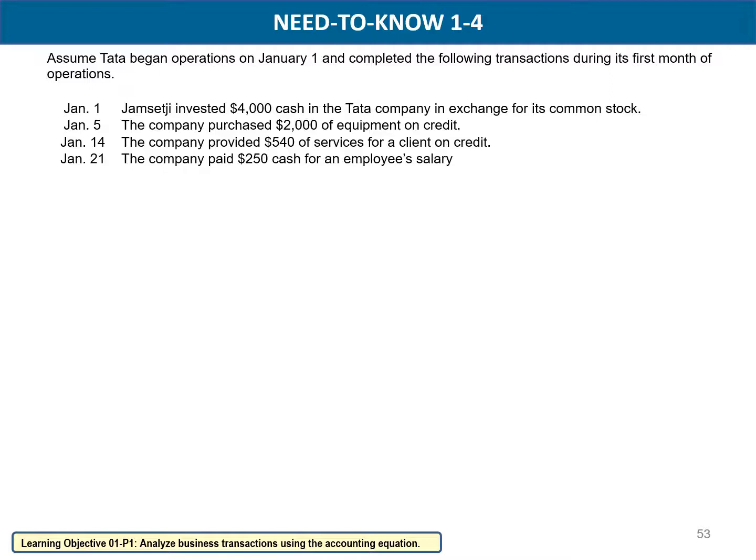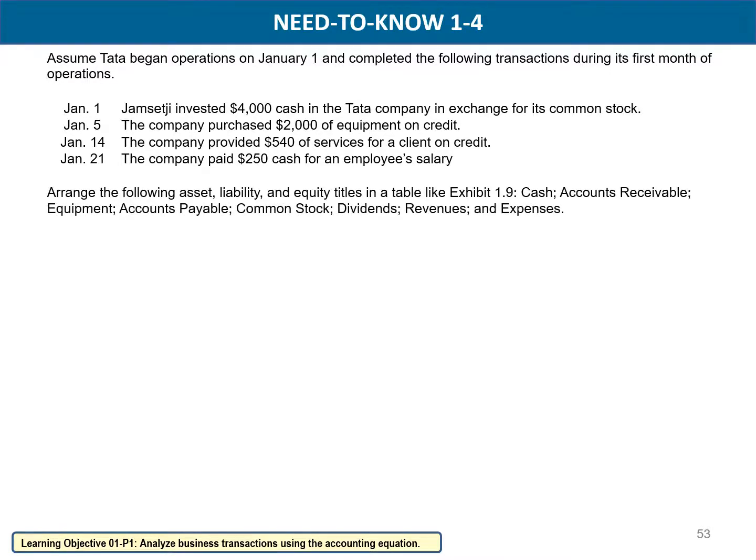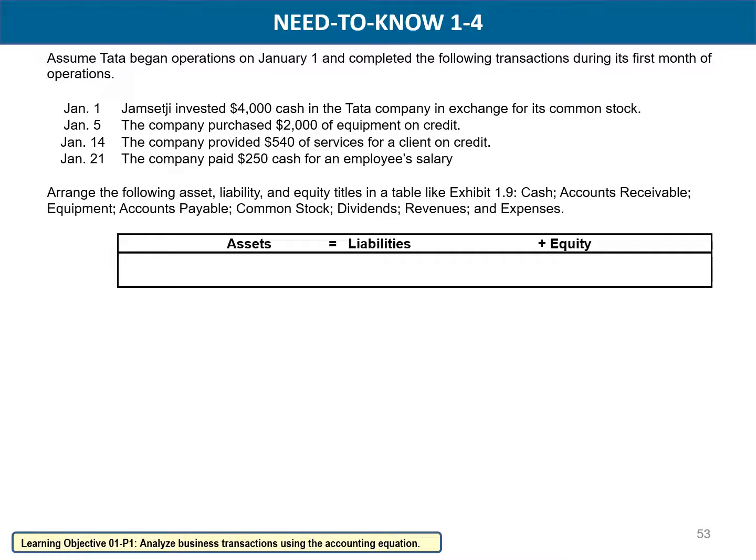On the 14th, they provided $540 of services to a client on credit. And then the company paid $250 cash to an employee for salary. So let's arrange the following asset, liability, and equity titles in the table like we did throughout the example exercises. And we'll fill in what we know.